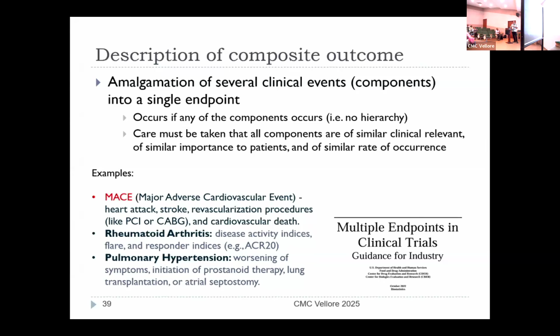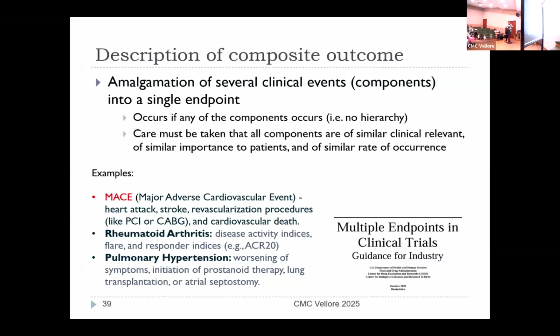What matters is that the composite occurs if any of the components occurs. So there is no hierarchy. If you put together heart attack with angina and with nausea, because you decide to do that, maybe you have a lot of nausea, but you don't have any heart attacks. It doesn't make sense to do something like that.